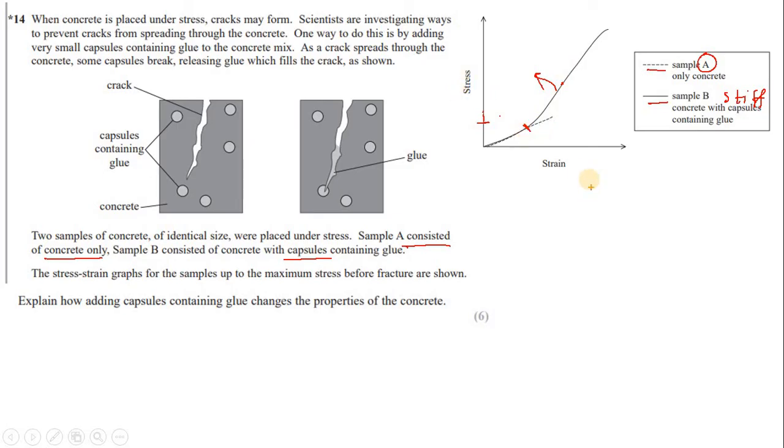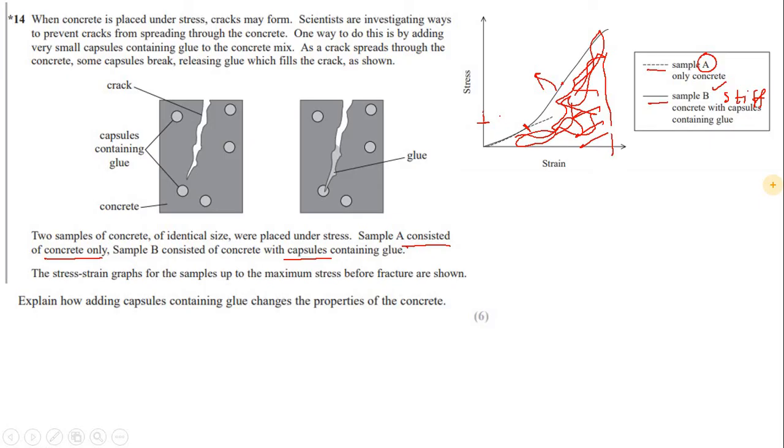Moreover, in the stress-strain graph, we have a large area under the graph. A large area under the graph shows that material B can absorb a large amount of energy before breaking.